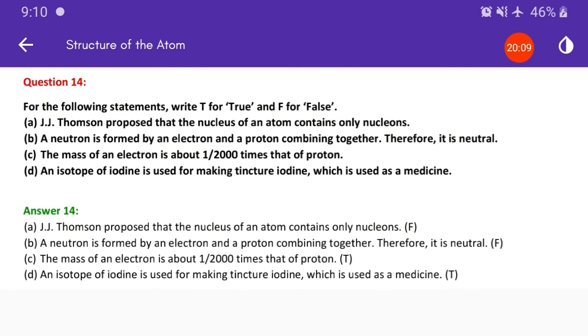That is false. Third, the mass of an electron is about 1 upon 2000 times that of a proton. It is true. An isotope of iodine is used for making tincture of iodine. Generally whenever there is any accident, we use tincture of iodine as a medicine. So it is true.